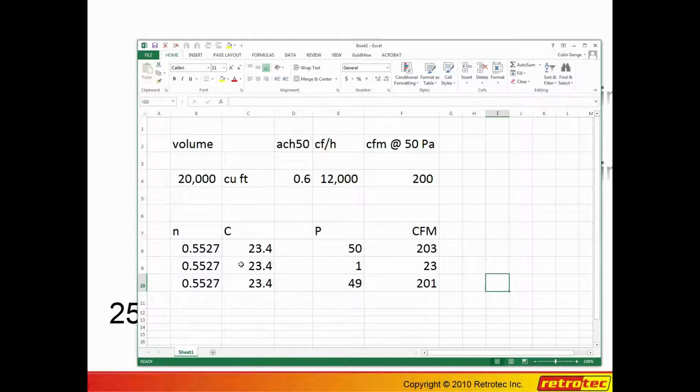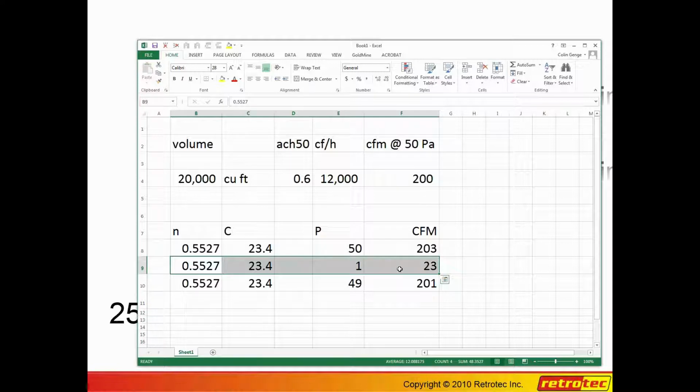So this little formula would be useful, let's say, for example, if we had an imbalance in our HVAC or our ERV. An imbalance in our ERV of 23 CFM will produce a 1 pascal pressure in the building. Not really the end of the world, but you can see it actually takes a fair bit.